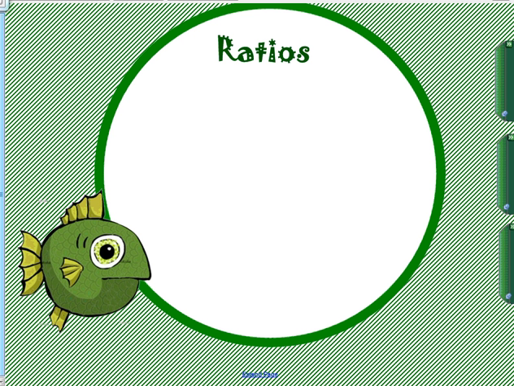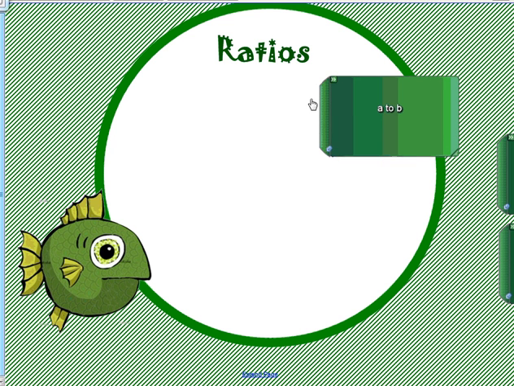So, first of all, what is a ratio? A ratio is a comparison of two different things, and you can write them in a couple different ways.